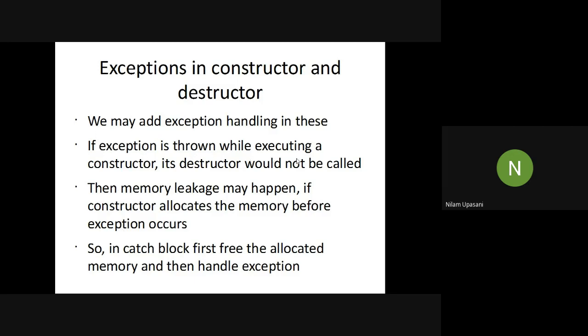If exception is thrown while executing a constructor, its destructor would not be called. अगर मान लो कंस्ट्रक्टर में कोई एक्सेप्शन आपने थ्रो किया है, कुछ लाइक समथिंग इज वेंट रॉन्ग, कंस्ट्रक्टर में सपोज मेमोरी एलोकेशन किया है आपने और सफिशिएंट मेमोरी अवेलेबल नहीं है, इन दैट केस यू आर थ्रोइंग द एक्सेप्शन. नाउ इफ यू आर थ्रोइंग द एक्सेप्शन, इन दैट केस डिस्ट्रक्टर पार्ट विल नेवर बी एग्जीक्यूटेड. अगर कंस्ट्रक्टर में ही आपका एक्सेप्शन आ गया तो डिस्ट्रक्टर नेवर गेट्स एग्जीक्यूटेड. Okay, so that point you need to keep in mind.